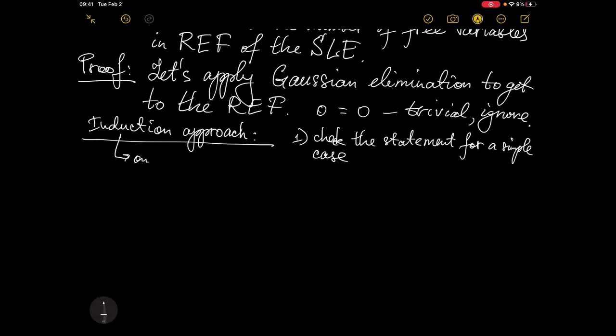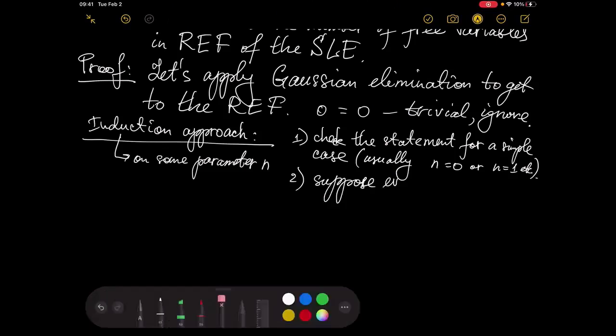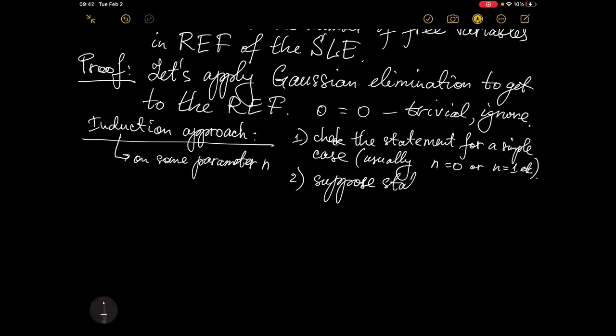Induction is on some parameter, usually parameter n, where n equals 0 or n equals 1, etc. Second, suppose the statement works for n equal to k.